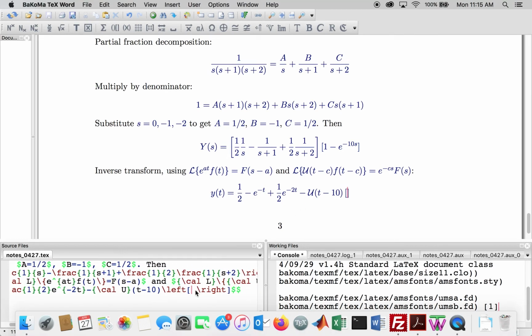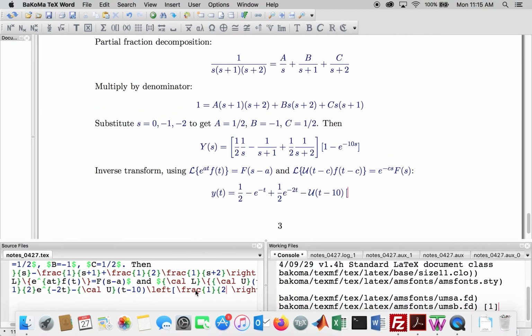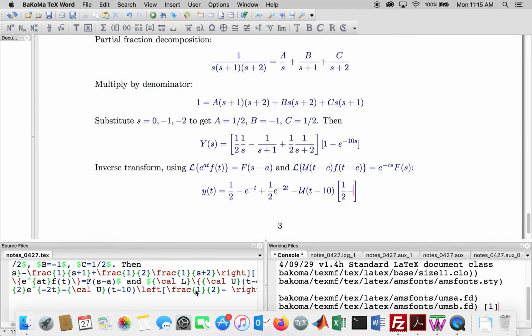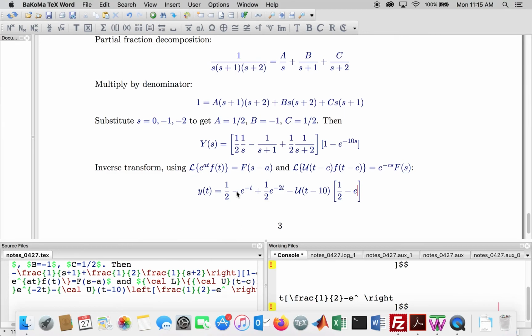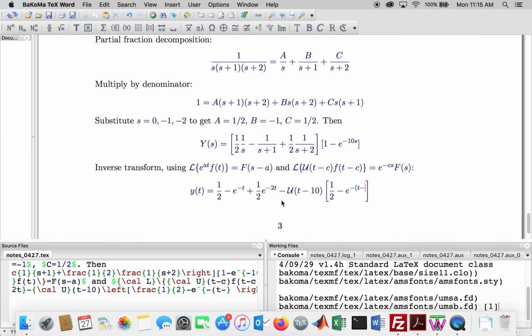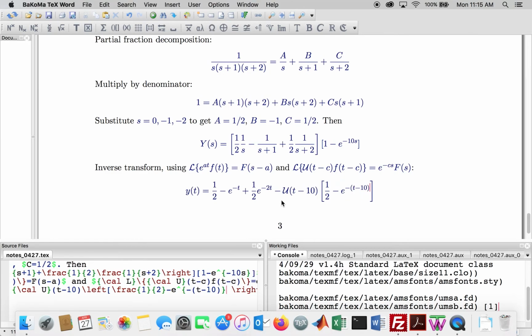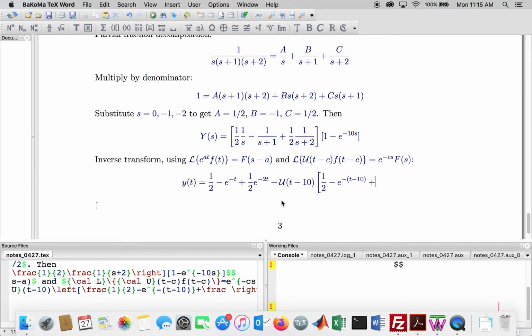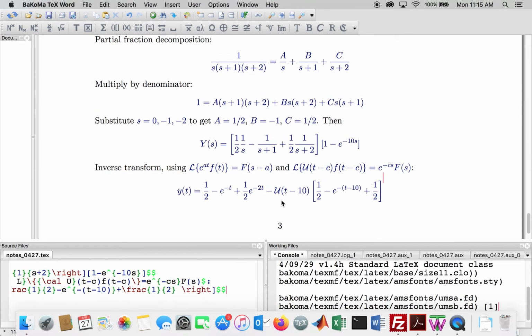So what I'll have is 1/2 minus e to the, so basically I'm just copying this, but wherever I have t, I must replace it with t minus 10. And then I have plus 1/2 e to the minus 2 (t minus 10).